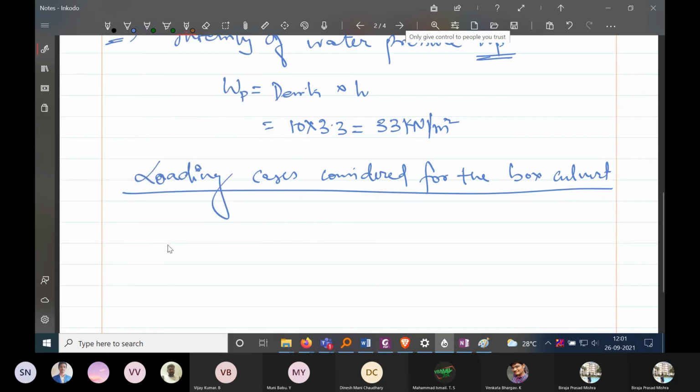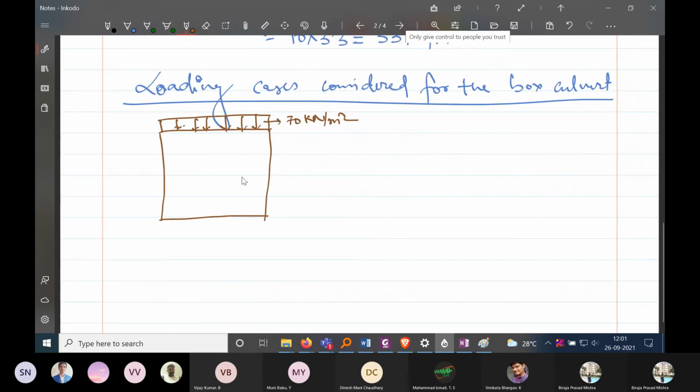The first one will have a uniformly distributed load of 70 kilonewton per meter square. If this load is acting, definitely it will have a reaction from the bottom surface as well, right?